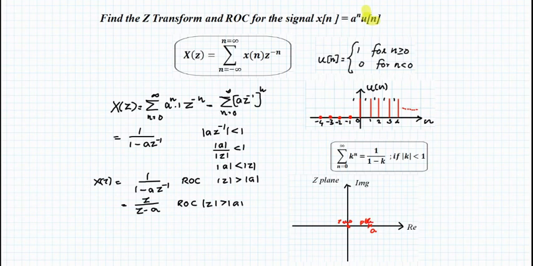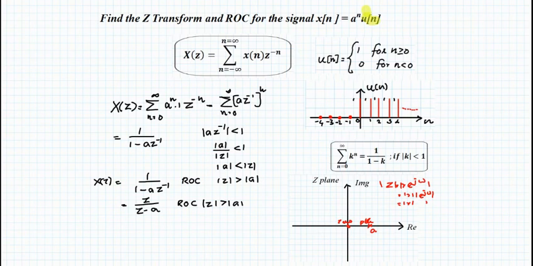And modulus of z means, in the z plane, you have a pole at z equal to a. Modulus of z means z is a complex number defined as r e raised to j omega, and if you take the modulus of this, you will get modulus of r into modulus of e raised to j omega, and modulus of e raised to j omega is equal to 1, so simply it becomes modulus of r.